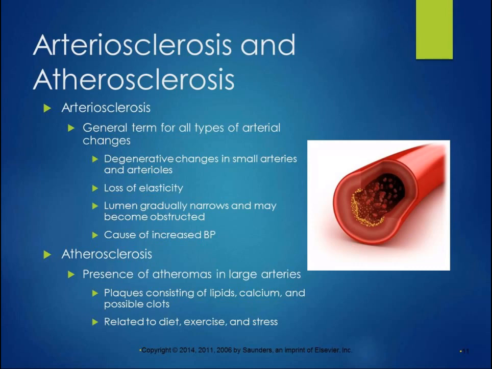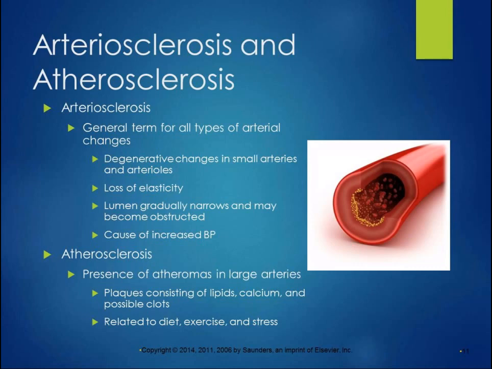There are degenerative changes in small arteries and arterioles that result in a loss of elasticity. The lumen, the inside of the artery, gradually narrows and may become obstructed. And it increases peripheral resistance, so it can cause increased blood pressure.